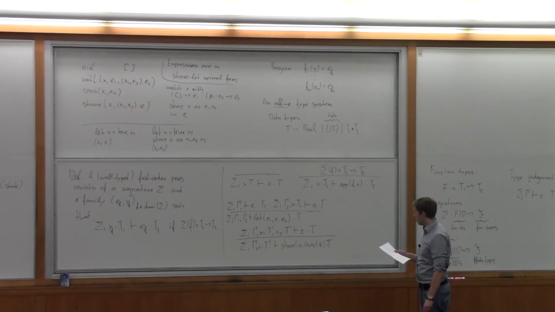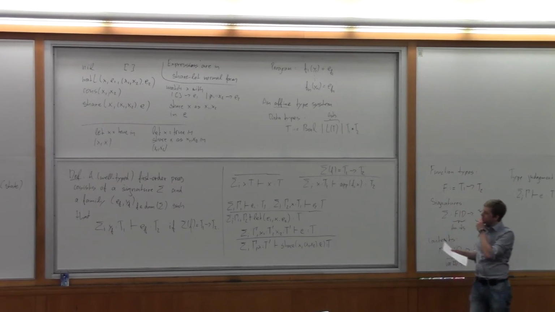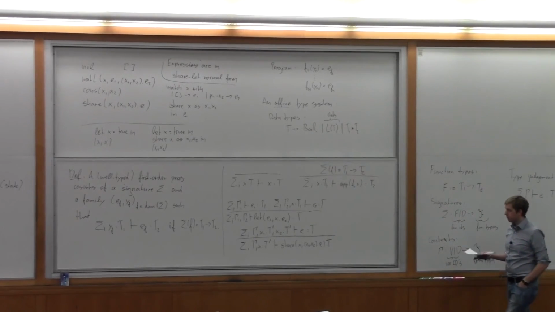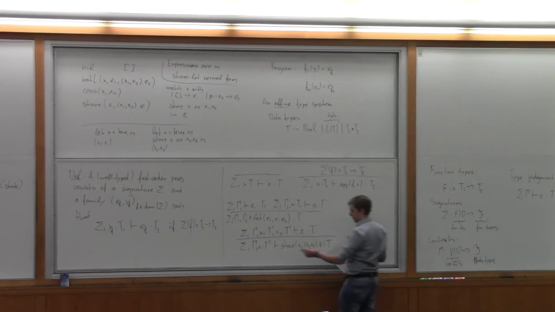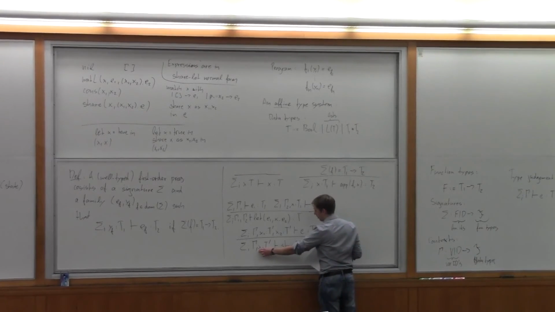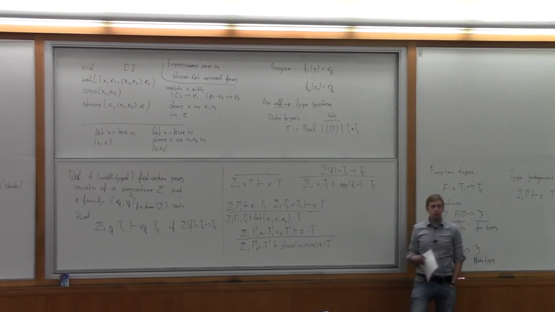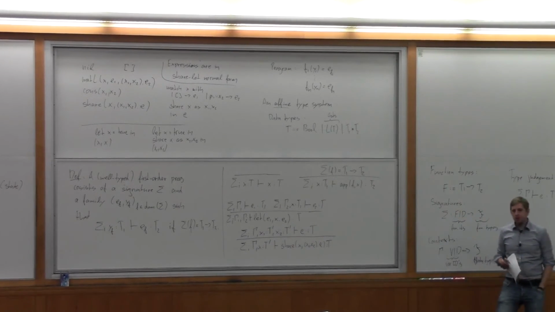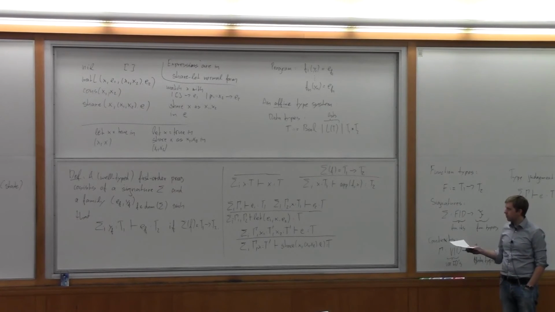You haven't seen the semantics yet, but the only thing that will happen is that in your environment, you take the value of x and put it in x1 and x2 with the same value. It might look a bit strange to have this restriction with the sharing, because in the end it's no restriction.